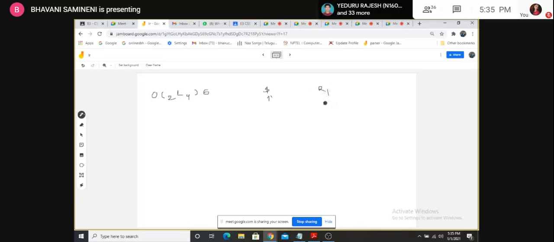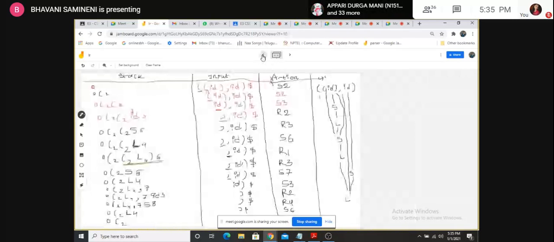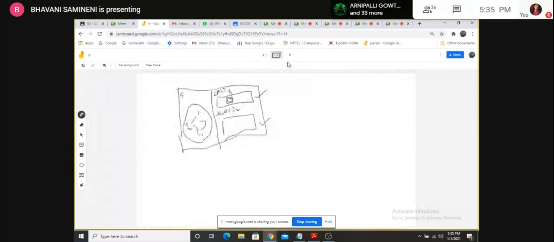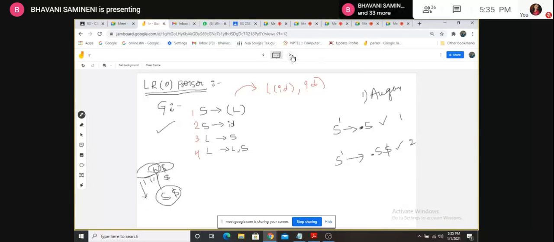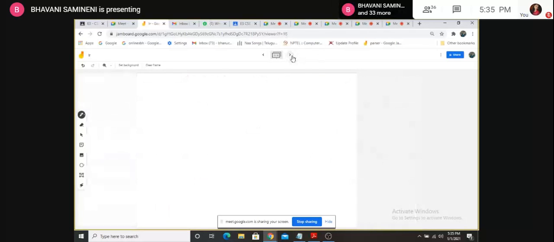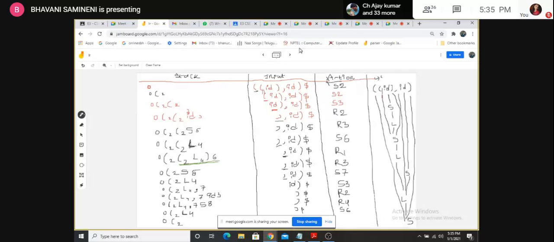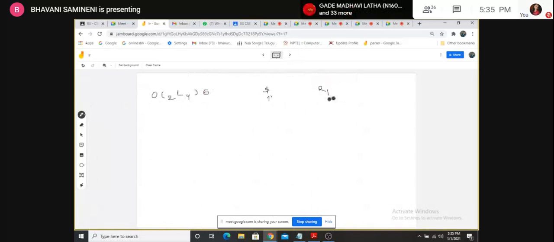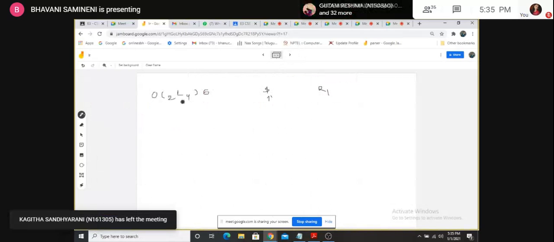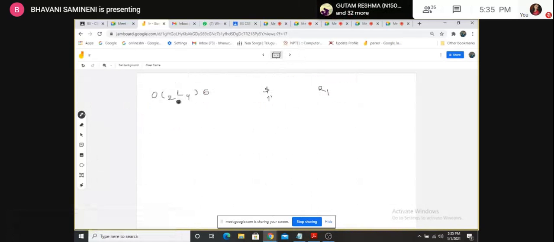R1 means first production. What is the first production? Open parenthesis L closed parenthesis is reduced to S. So here, this open parenthesis L, closed parenthesis can be reduced to S. R1 means we have to pop the symbols till we are able to form open parenthesis L, close parenthesis.